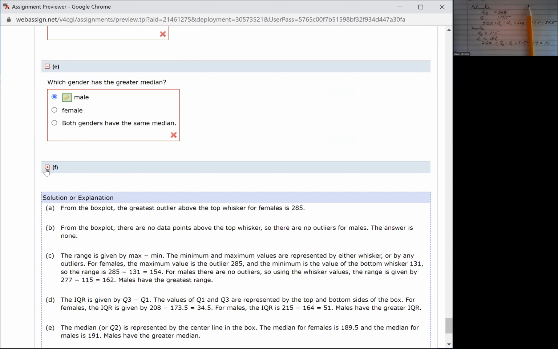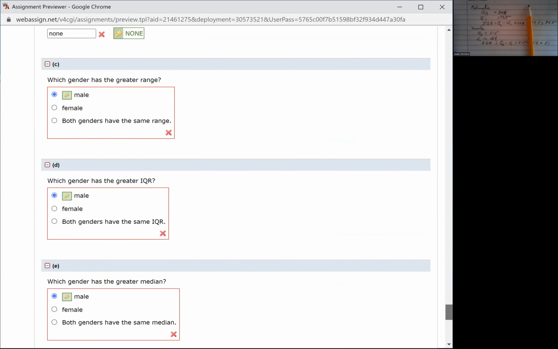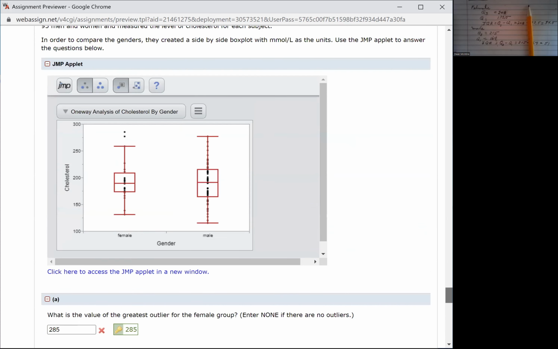Okay, the last one. Which gender has the greater variability? Well, that's the spread, right? And you can see that the variability for this one is going to be greater.